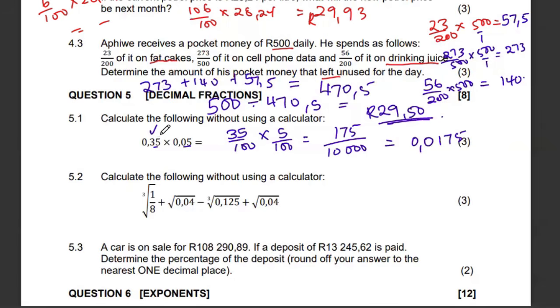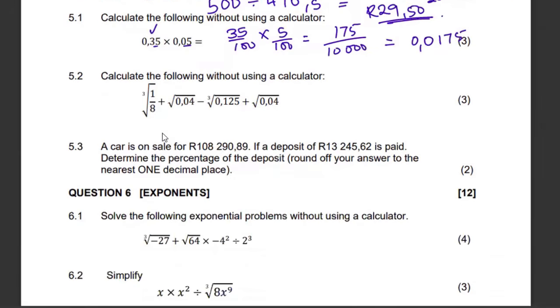Then 5.2, we need to change this to common fractions. So we know that the cube root of 1 over 8 is 1 over 2. The square root of this, that's the same as 4 over 100 under square root, which is going to be 2 over 10. The cube root of 125 over 1,000 is 5 over 10.